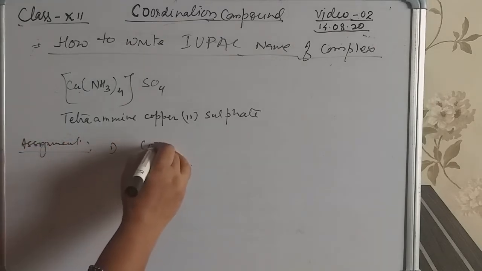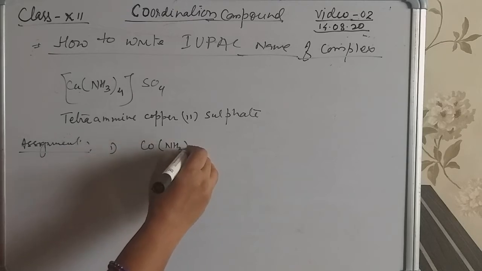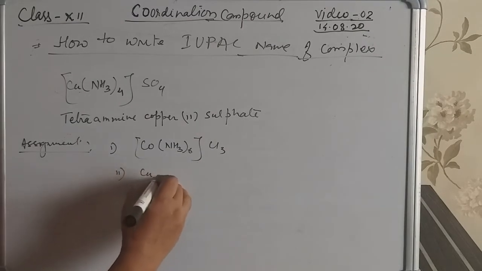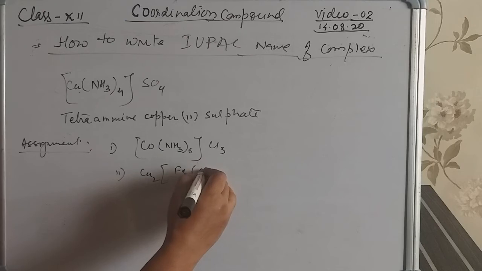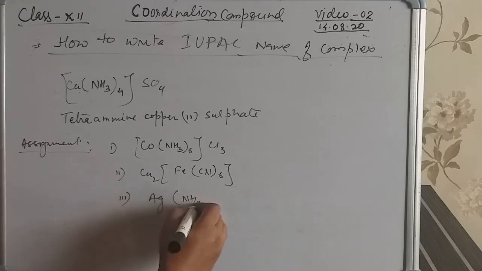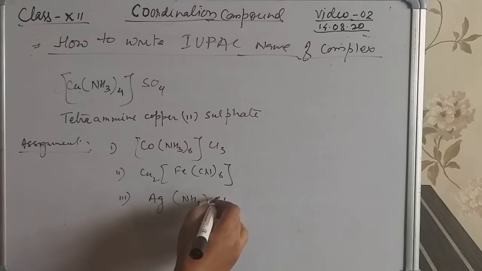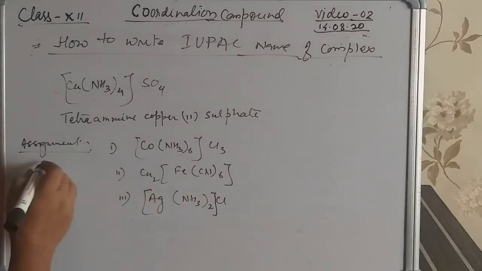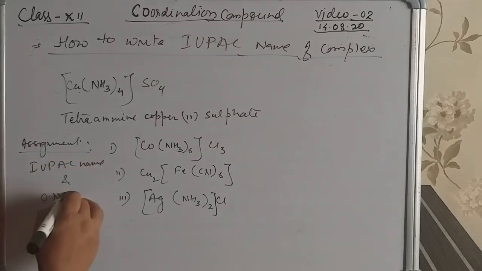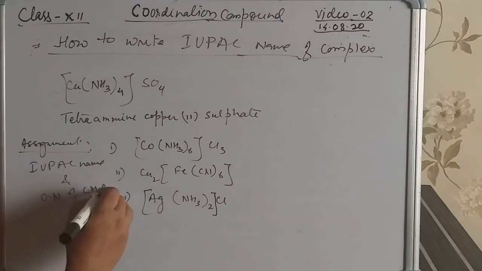Number 1, [Co(NH3)6]Cl3. Next one is Cu2[Fe(CN)6], and the third one is [Ag(NH3)2]Cl. Find out the ionic name and the oxidation number of the central metal atom.